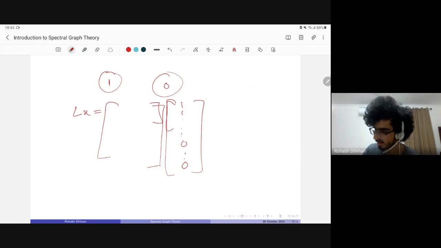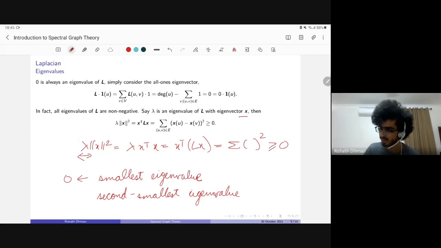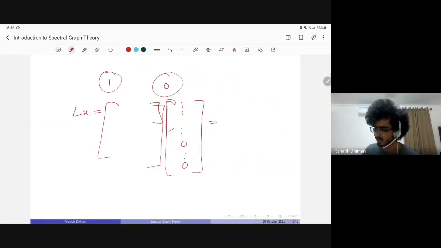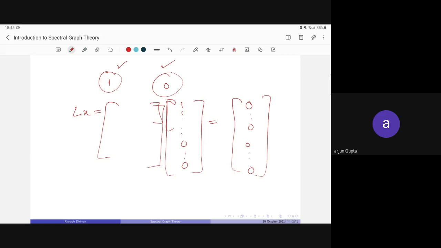If you go back to emulating the proof here, you notice that each component has the number 0 on it, because you can treat them as two separate graphs, and you basically get the result. But then for a not connected graph, the zero will be an eigenvalue more than once.